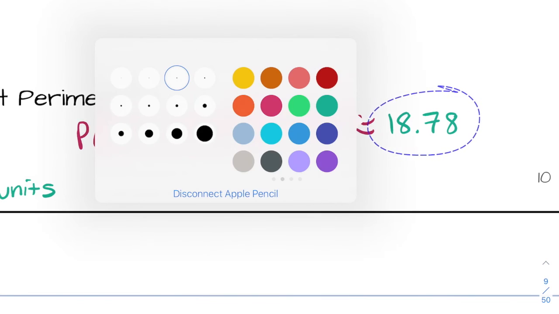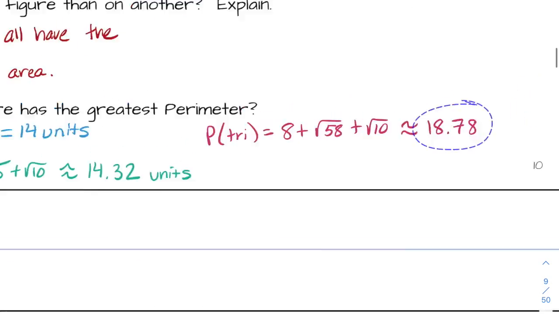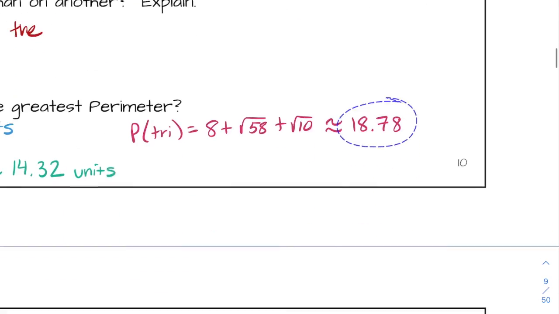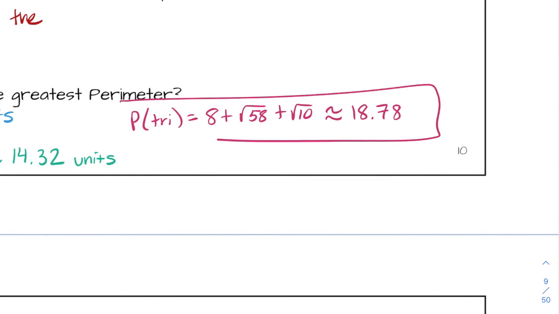So what we see is that the more we manipulate the figure from its original standing as a rectangle or square, the perimeter will get larger. So this one has the greatest perimeter.